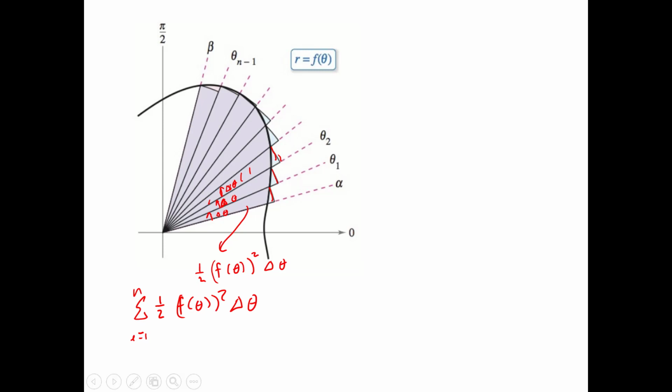To find the exact area, we take the limit as n goes off to infinity of the summation from i equals 1 to n of 1/2 f of theta squared times delta theta.